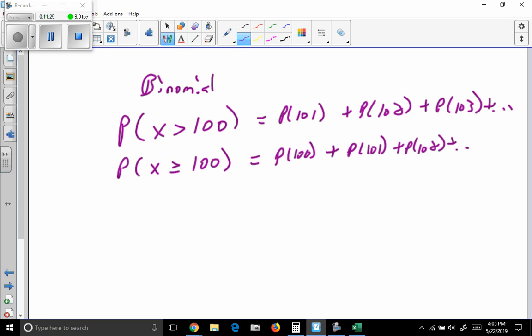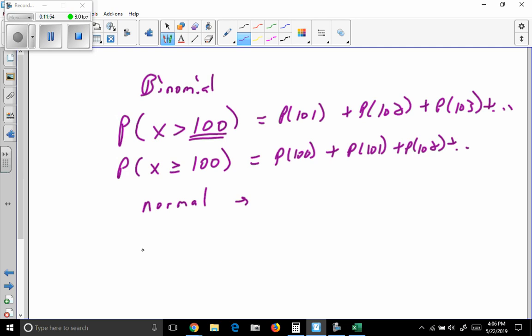So to address the issue that there are gaps, when we convert that to a normal distribution, we do what's called a continuity correction. So we either go a half unit above or a half unit below this value to start accumulating our area.